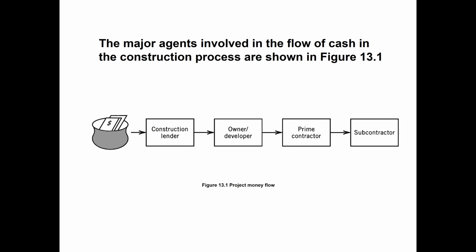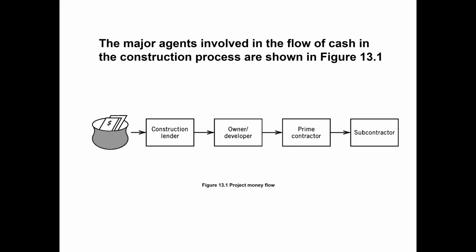Okay, so they may give money to the owner or developers, the banks, or the government grants. So that money goes to the owner or developers, and developers will hire a prime contractor. Then money flows from owner and developer towards prime contractor. Prime means main contractor, key contractor, and then from prime contractor towards the subcontractors.